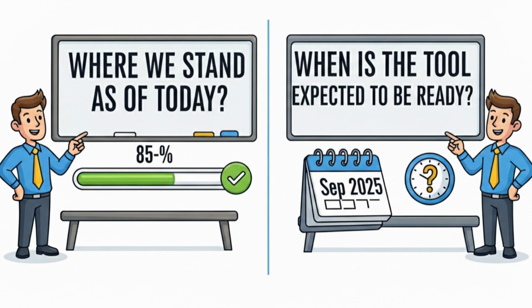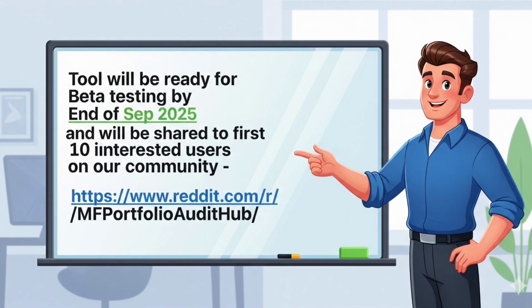Okay, so the target for beta testing is September 25, where I am planning to give it to 10 or 20 interested people from our own community. Based on their feedback, we will further enhance it, and once the basic core features work fine, I will circulate it to all other people as well.